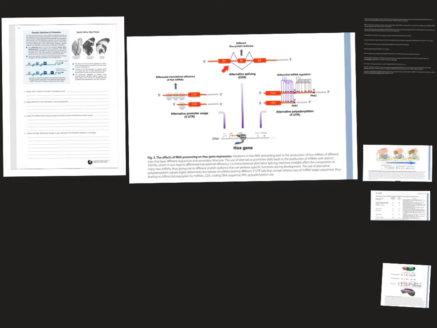So in these different tissues, the same gene can act in different ways depending on how the mRNA is spliced, how it's put together, and how the introns are removed.